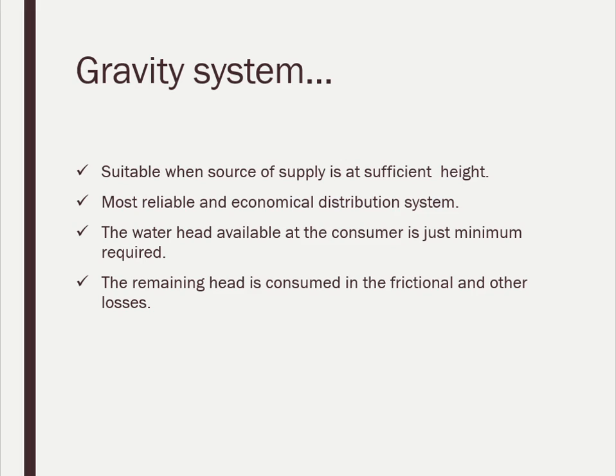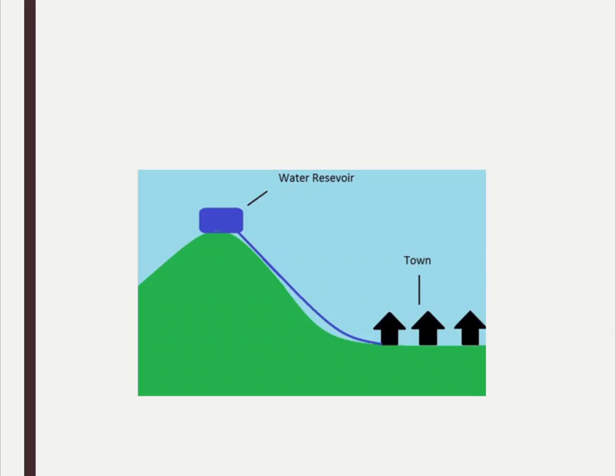We have to see that the proper amount of head is available for the water to flow, and that there will not be loss of head due to friction and other losses. In that case we can go for the gravity system.